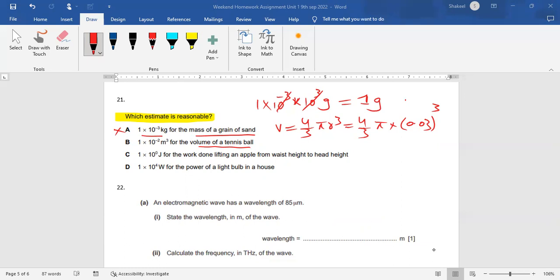That comes out to be 1 into 10 power minus 4 meter cube. But the option is 10 power minus 2, so that is certainly not correct.